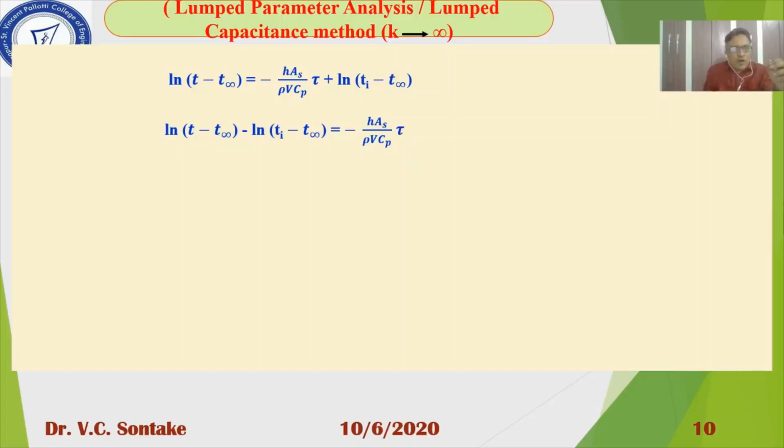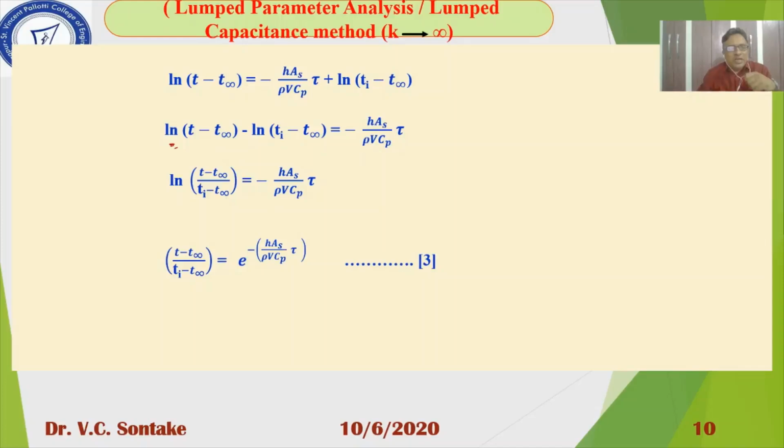From the logarithmic property, I can write this equation as log of T minus T infinity over Ti minus T infinity is equal to minus hAs over rho V Cp into tau, and T minus T infinity over Ti minus T infinity is equal to exponential of minus hAs over rho V Cp tau. Let's say this is equation number 3.